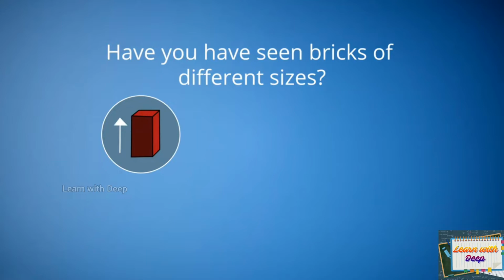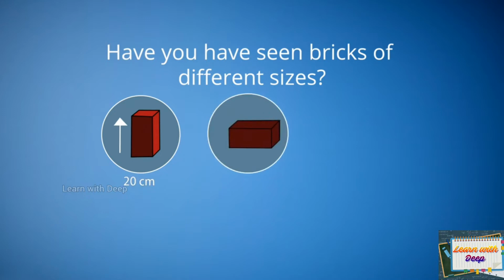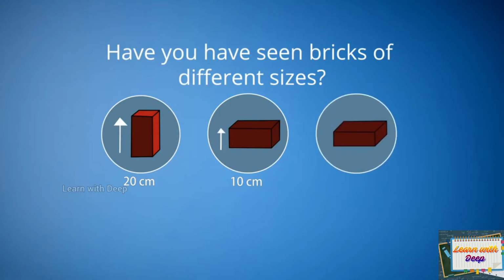Measure and tell. Let's suppose its length is 20 centimeters. Now measure its width. It will be nearly about 10 centimeters. Measure its height. It will be also around 10 centimeters.